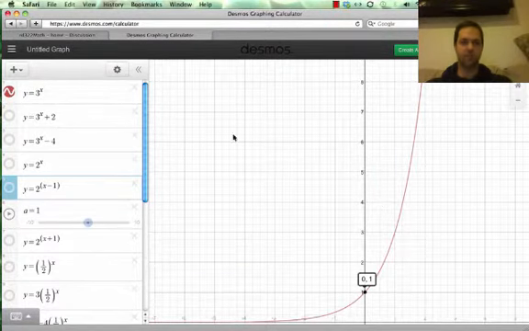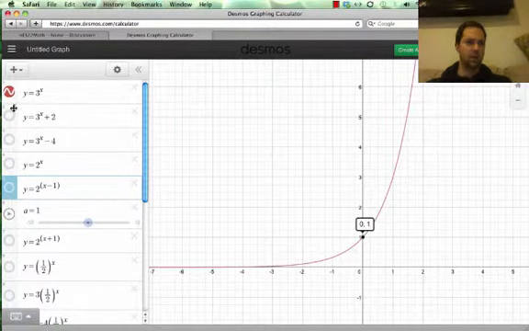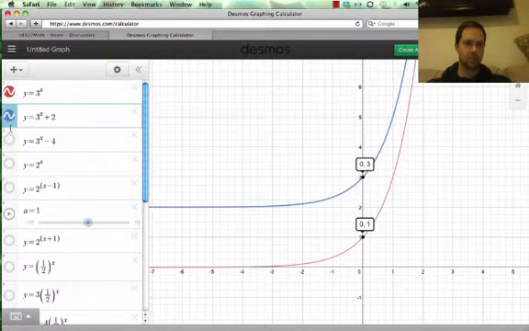We start with our base function, y equals 3 to the power of x, and notice that we have our regular y-intercept where x is 0 and y is 1. Now, if we apply this k parameter, you can see what the graph of this one will look like.